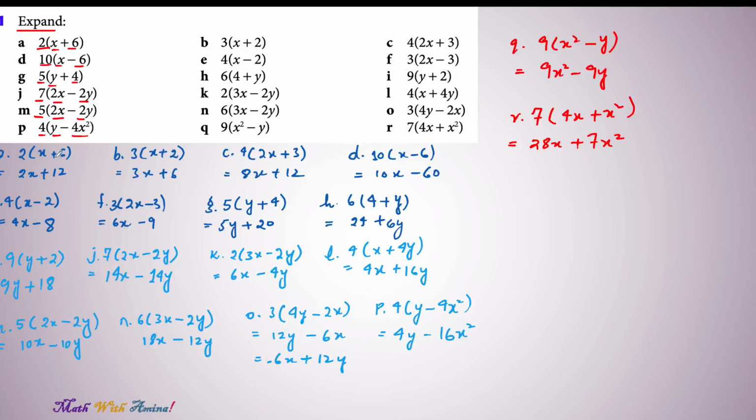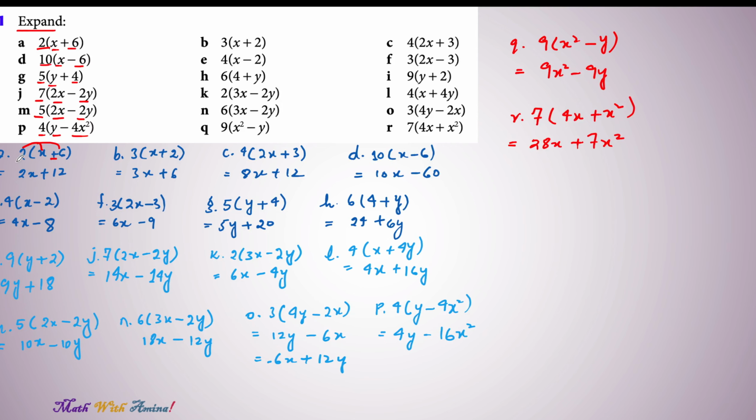Taking a start with the first one, we have 2 in the bracket x plus 6. So 2 will get multiplied with x and 2 will get multiplied with plus 6. 2 multiplied by x is equal to 2x, and 2 multiplied by plus 6 is equal to plus 12. As per the rules which we mentioned earlier, we have to consider the signs.